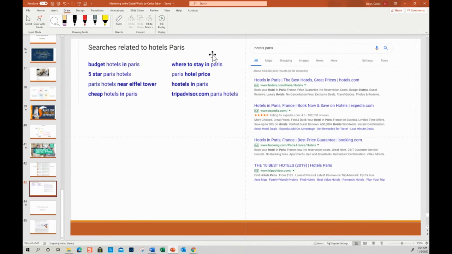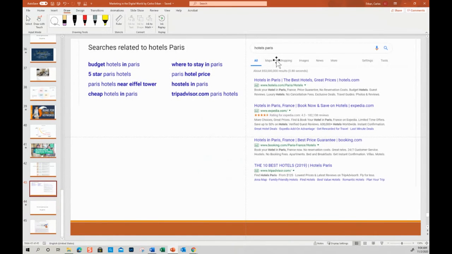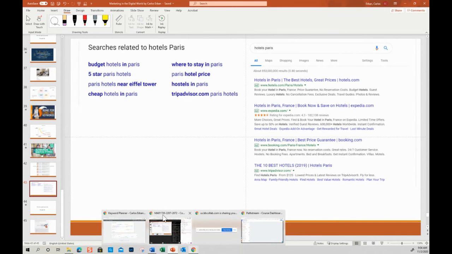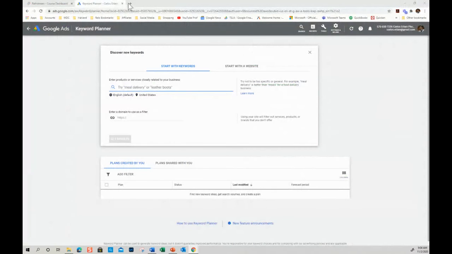When you go to Google, and you can do this yourself, let me just go to Google and do it myself. I want to do that example, but I want to actually do it in Google.